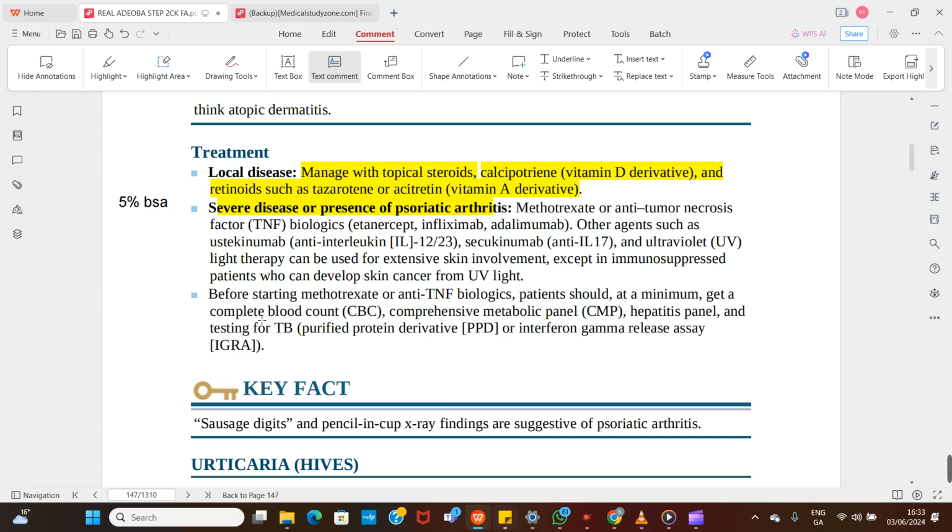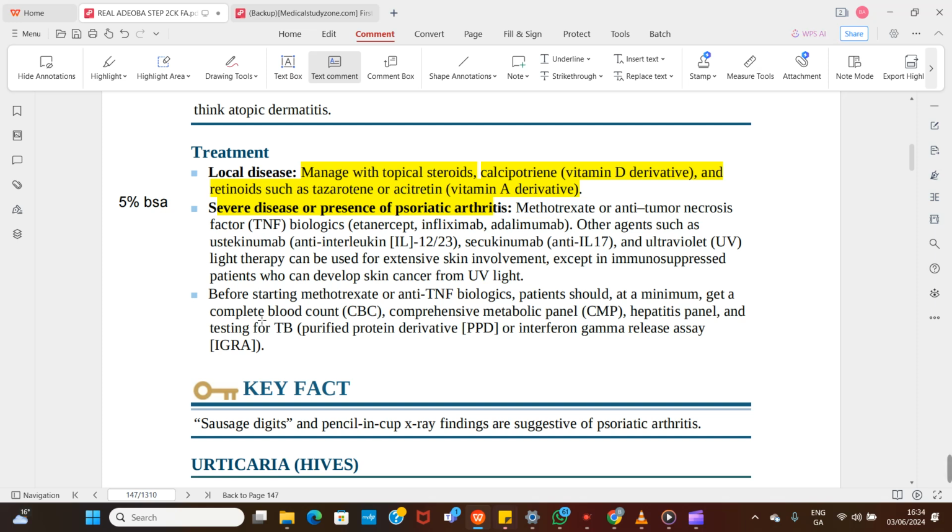So for psoriasis, just remember your vitamins and your steroids. So vitamin D, calcipotriene, vitamin A, tazarotene or acitretin. Then your topical steroid.